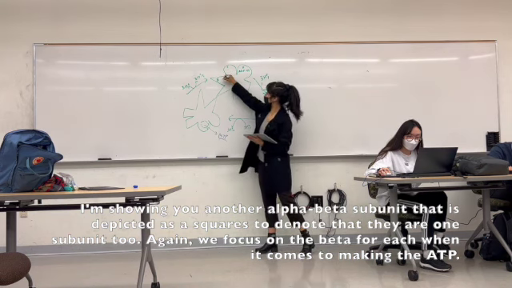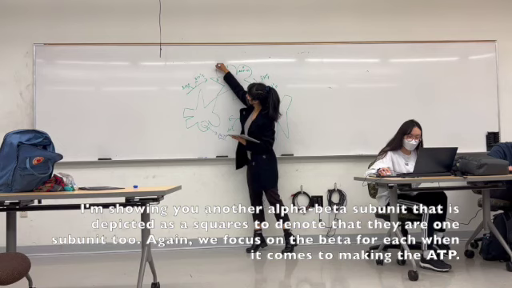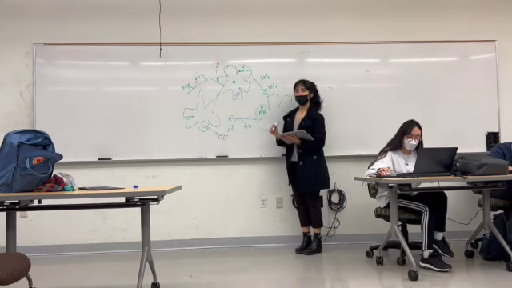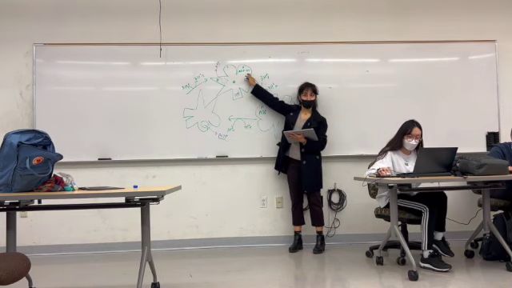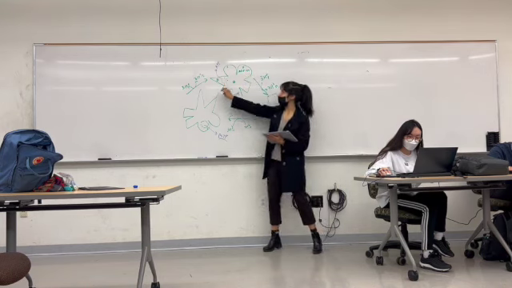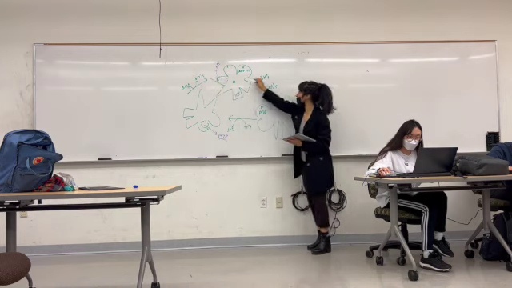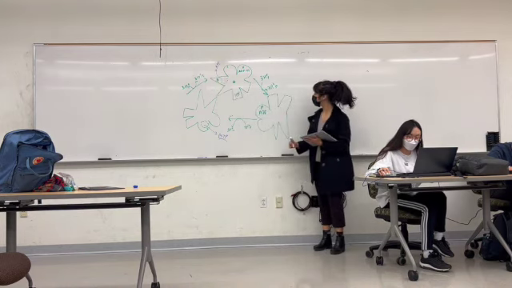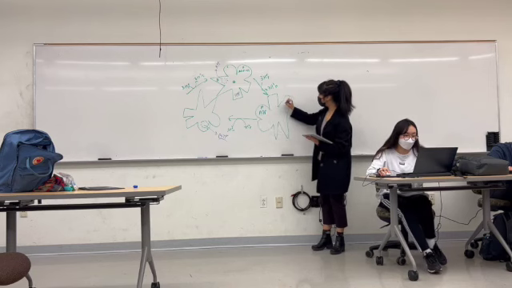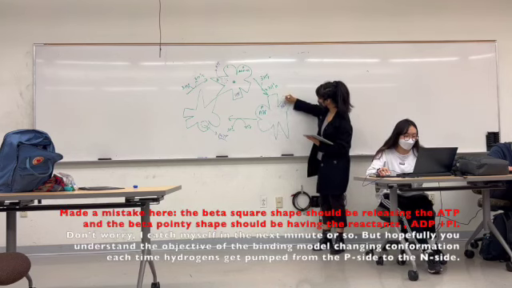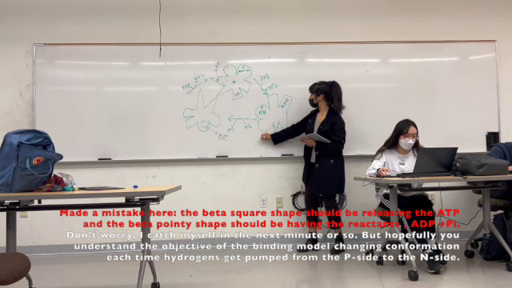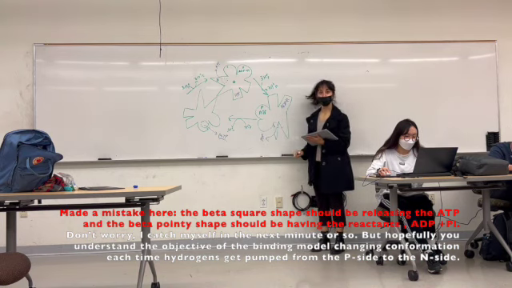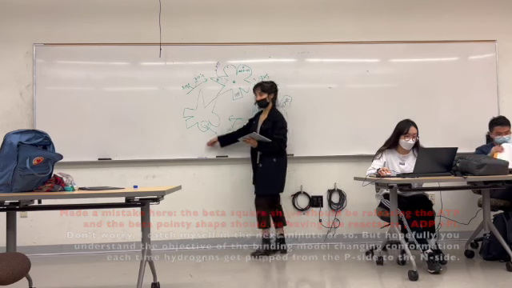And maybe this subunit right here just released ATP, right? So this one has it. This one has the reactants for it. This one makes ATP, and this one releases ATP. Then when you add another 3 hydrogens inside, this thing will make ATP, and maybe this will go back into ADP plus PI, and maybe this one will release ATP, right? This one releases ATP.